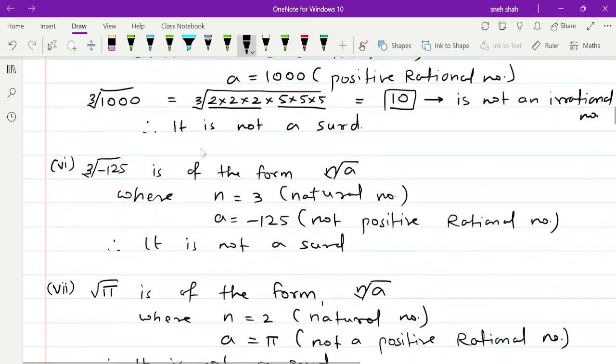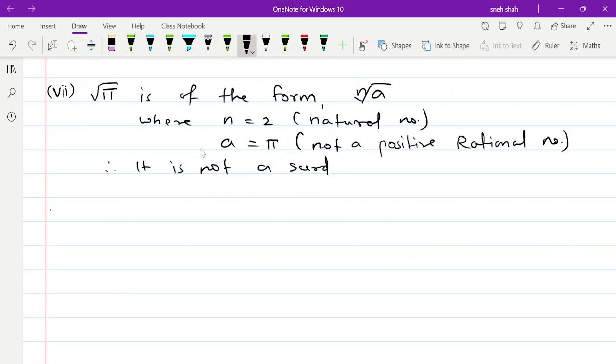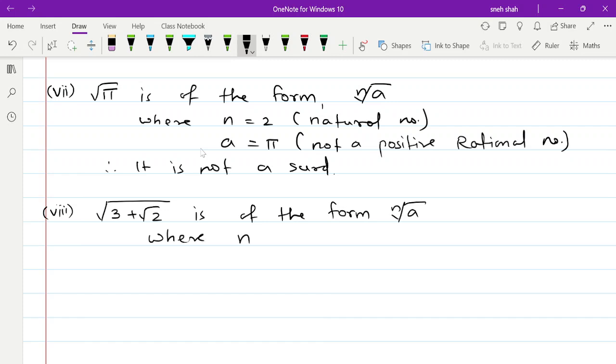Lastly, in the eighth question, the given number is square root of 3 plus root 2. This is of the form nth root of a, where n is equal to 2, which is definitely a natural number.